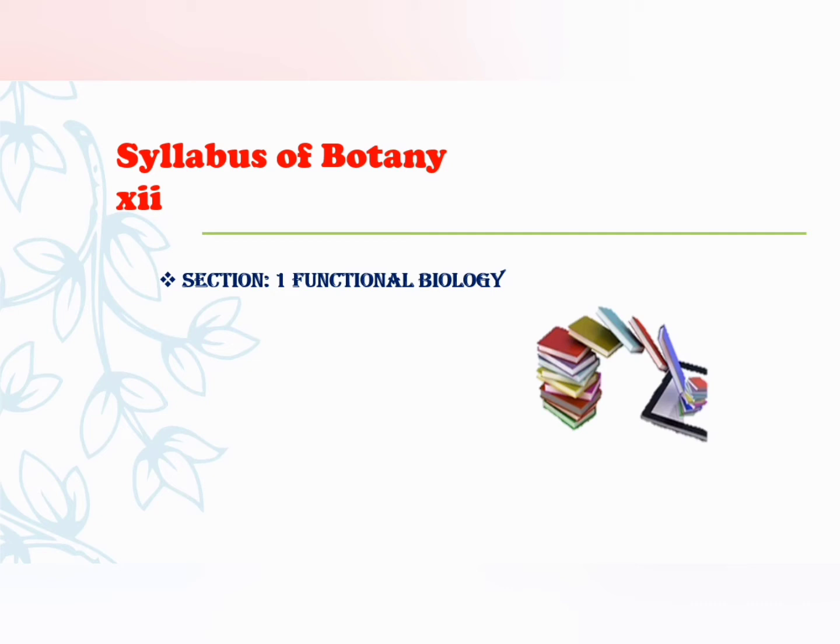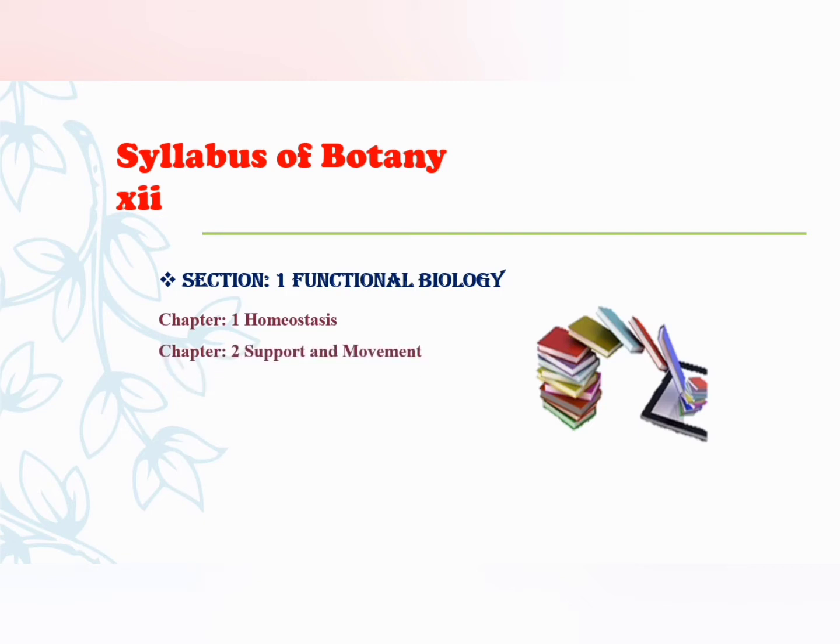It contains about 5 different chapters in your syllabus. Chapter 1 is called homeostasis. Actually, homeostasis is one of the fundamental characteristics of all living organisms. So we will here learn about homeostasis in plants.